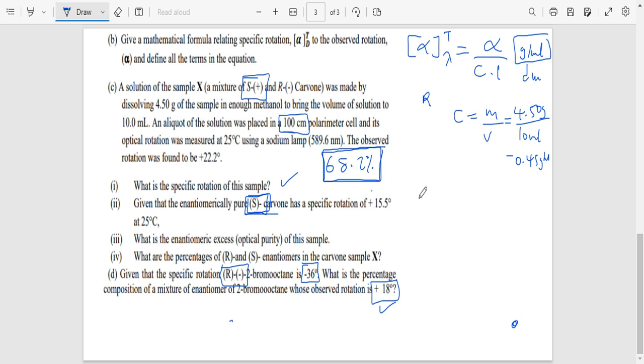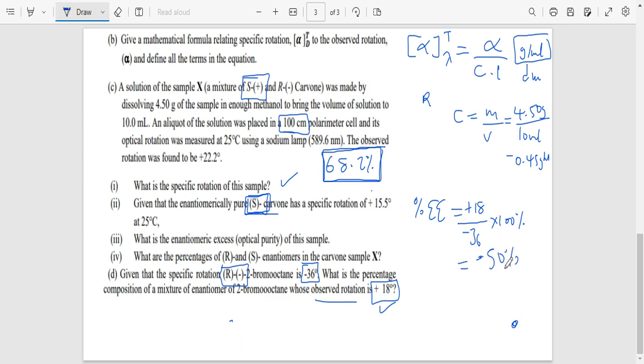So therefore, the first thing that I'm going to do, I'm going to calculate the percentage enantiomeric excess. So how do you do that? You use observed. The observed is positive 18, and then divide by the pure. Now we are dividing by the pure R, that is negative 36, and then we multiply that by 100%. And this is going to give us negative 50%.